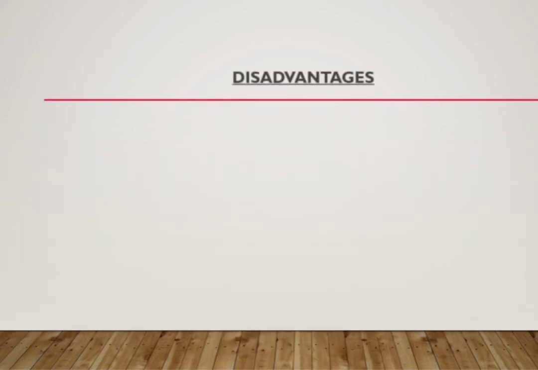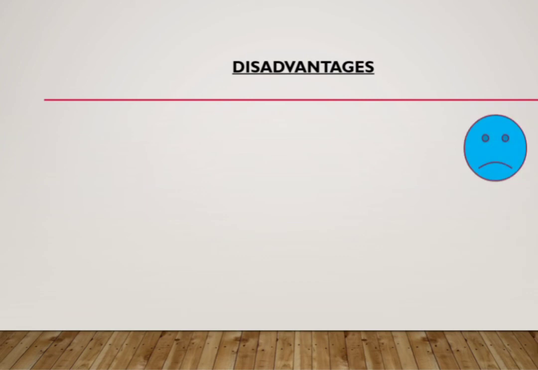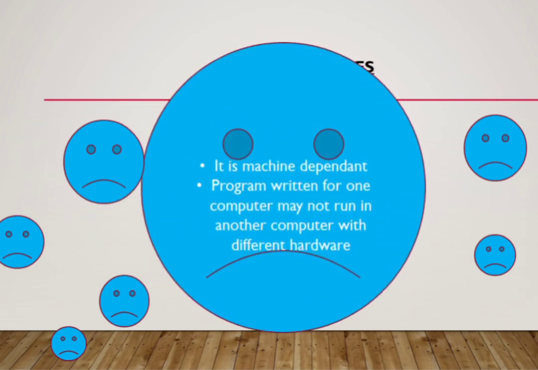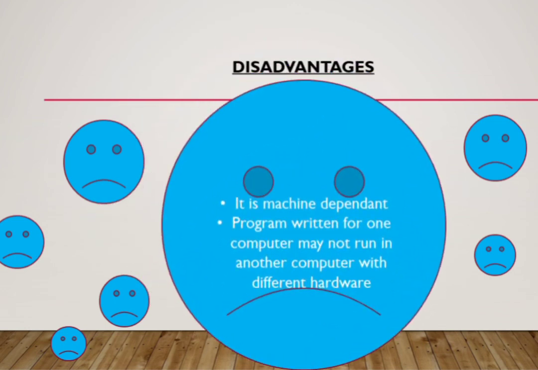Even though it has this many advantages, it has some disadvantages also. So, let's discuss the disadvantages of assembly level language. It is a machine dependent programming language.